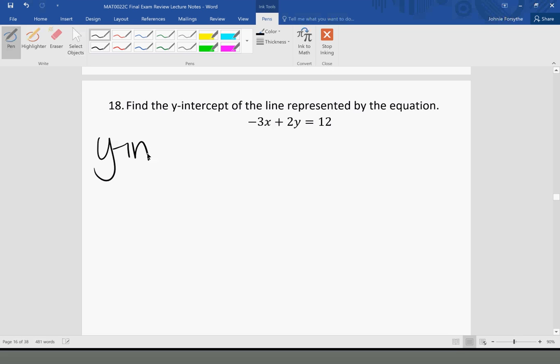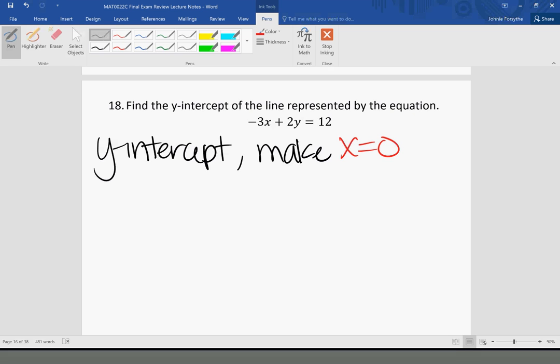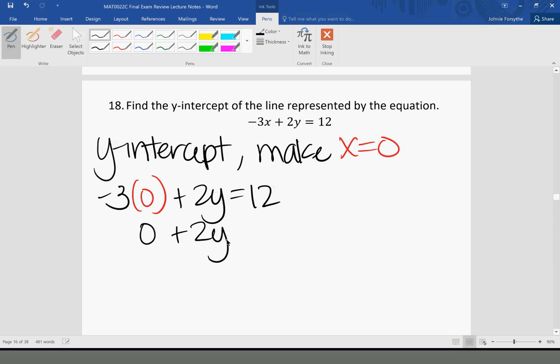All right, 18 is now asking for the y-intercept. So to get the y-intercept, you're going to make x equals 0 and solve for y. So that'll be negative 3 times 0 plus 2y equals 12. So negative 3 times 0 is just 0. Plus 2y equals 12.